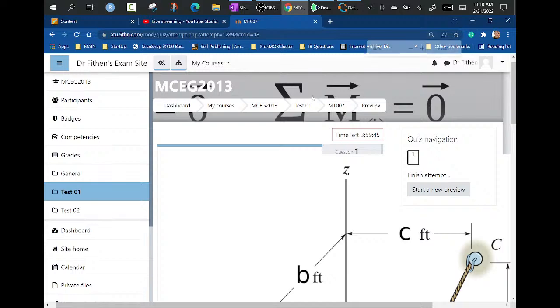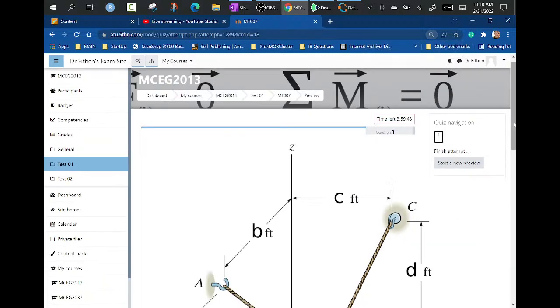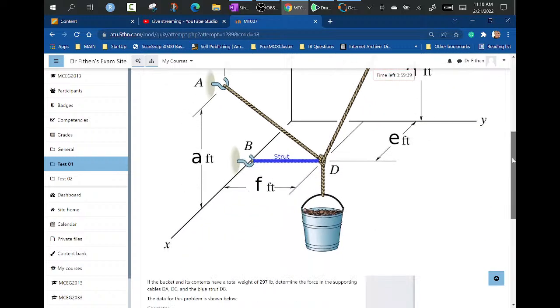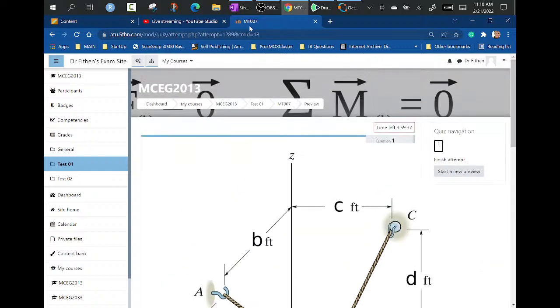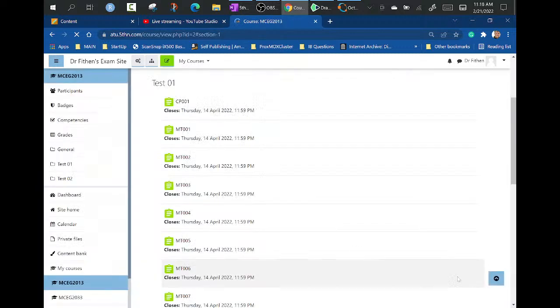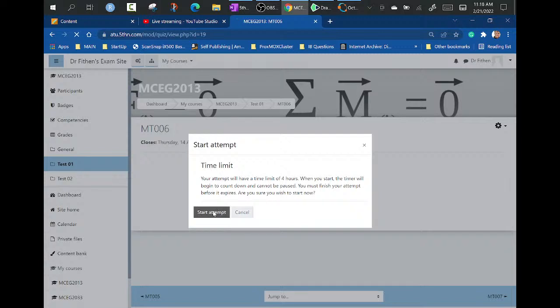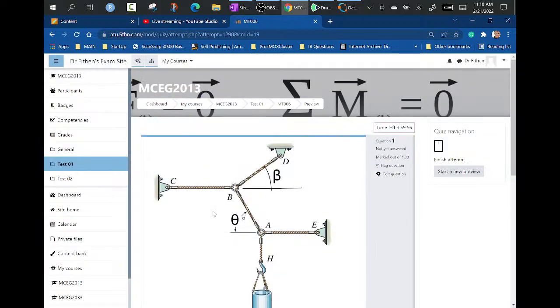It's not behaving. Anyway, there it is. You've seen that problem before. Let me go back. These are all available now, and it looks like most all of them are appropriate to take now. So I'm not sure.